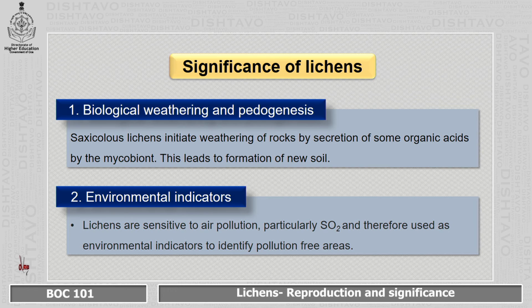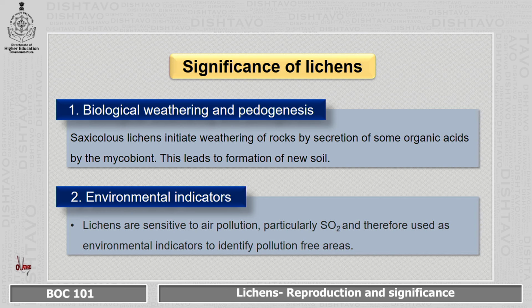Now, let us discuss the significance of lichens. First is, lichens are involved in biological weathering and pedogenesis. Saxicolous lichens, that is those lichens that grow on the rocks, initiate weathering of rocks by secretion of some organic acids by the mycobiont. This leads to formation of new soil, which is referred to as pedogenesis.